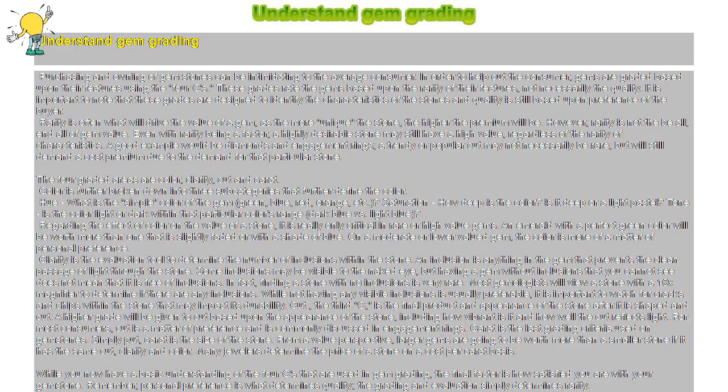The 4 graded areas are color, clarity, cut and carat. Color is further broken down into 3 subcategories that further define the color. Hue: what is the simple color of the gem?